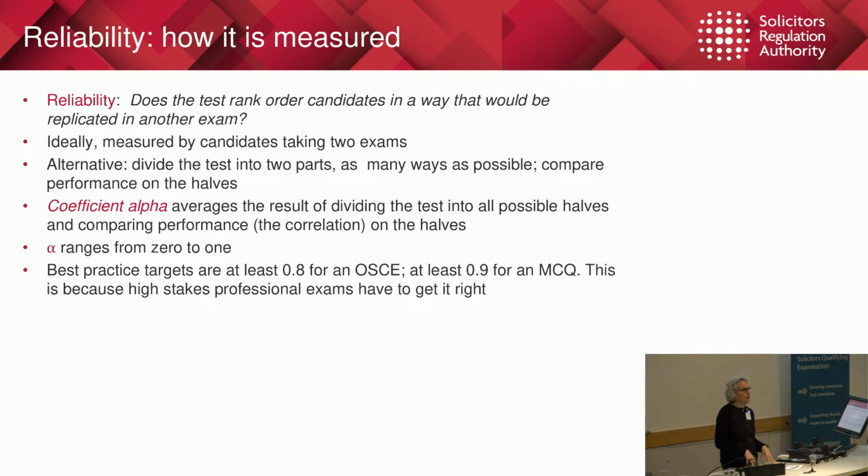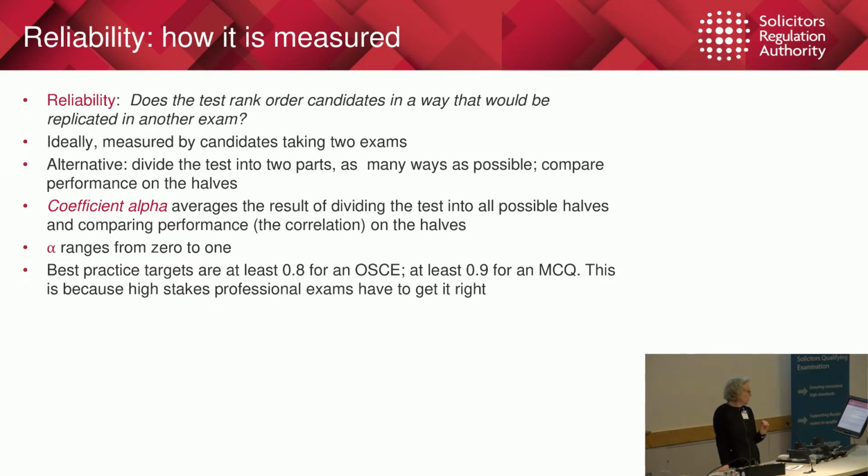So the most basic alternative that is used is to divide any test into two halves, as many ways as you can, and look at the correlation between the marks on the two halves. That predicts whether you'll be able to set another exam where the marks on the two halves correlate.